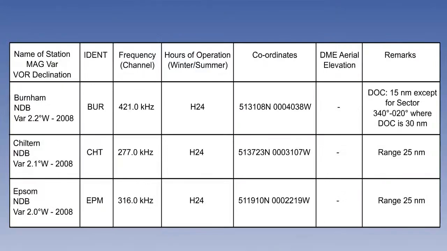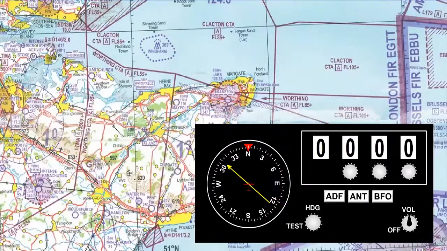A complete list of NDBs is held by each country's civil aviation authority. Here is an extract from the en route section of the United Kingdom Aeronautical Information Package, the AIP. More than likely, you will enter the NDB designator into your flight plan, which your autopilot will follow.